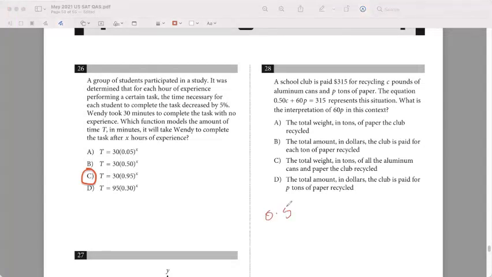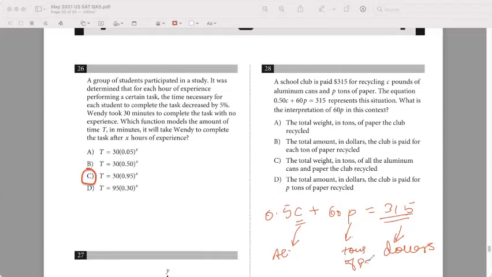If you break it down, 0.5C plus 60P is 315, right? This is the total amount that the club is paid in dollars when it recycles C pounds of aluminum cans and P tons of paper.